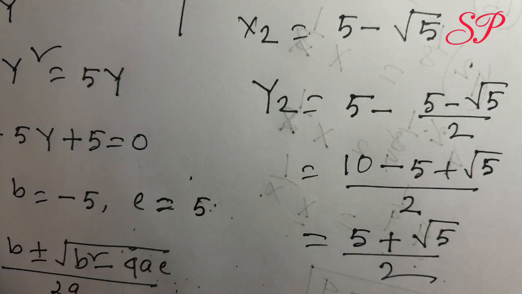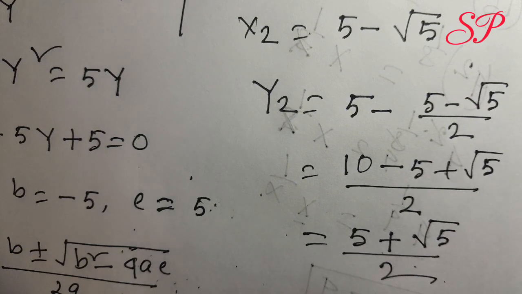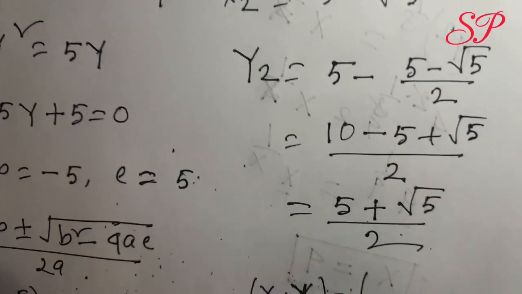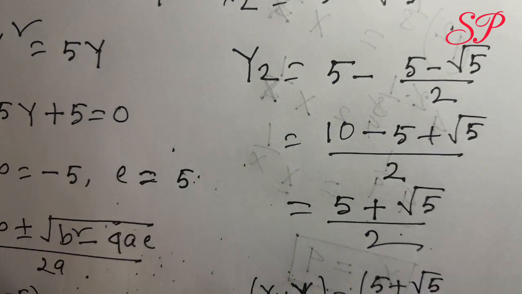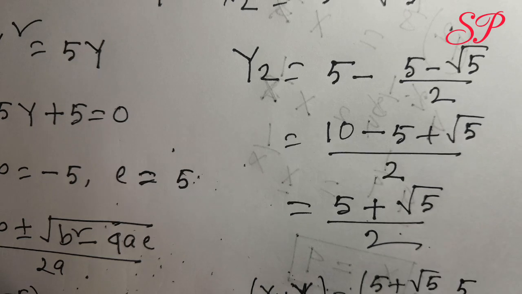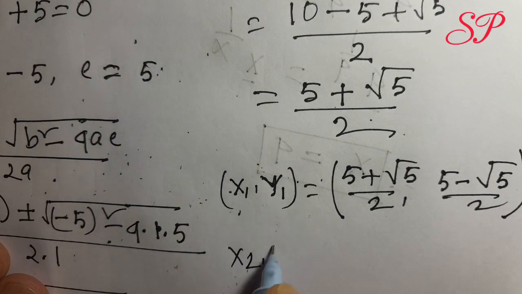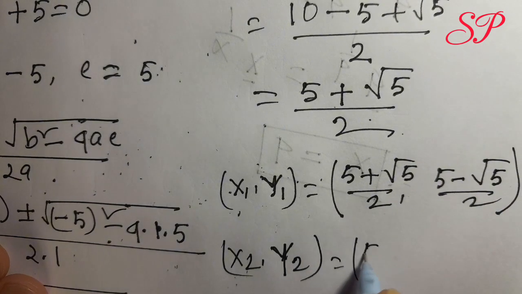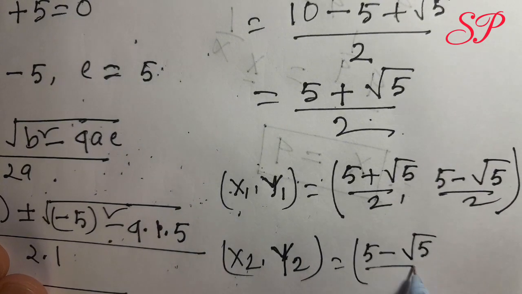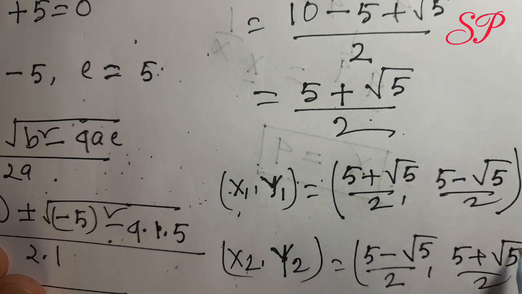So x1, y1 are 5 plus root 5 by 2 and 5 minus root 5 by 2, and x2, y2 are 5 minus root 5 by 2 and 5 plus root 5 by 2.